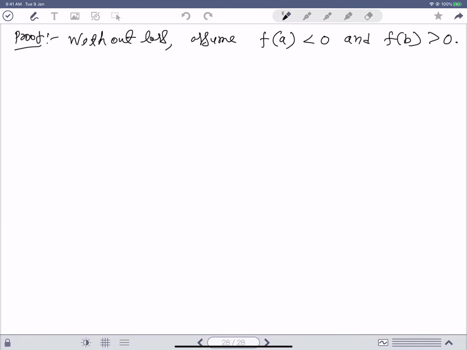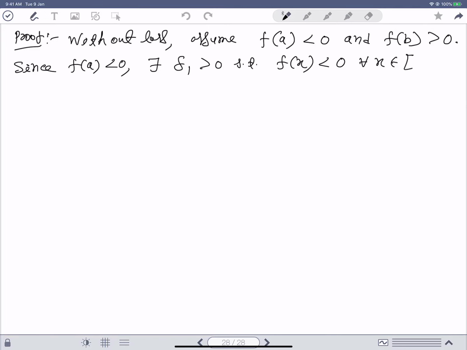Okay, so first let's see the proof of this case, that is when f of a is less than 0 and f of b is bigger than 0. Now since f is continuous at a and f of a is less than 0, therefore we have already seen that there exists a positive, say delta 1, such that f of x is strictly less than 0 for all x belongs to the interval [a, a plus delta 1).